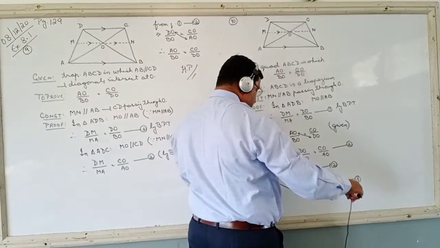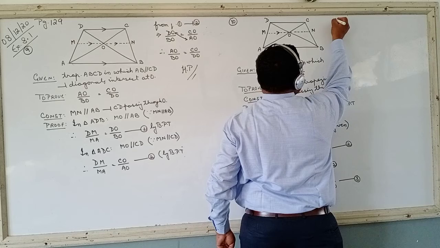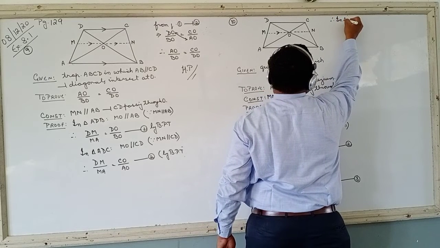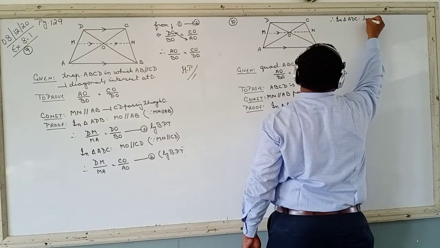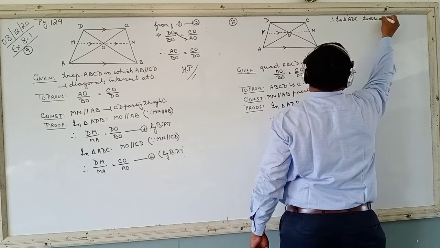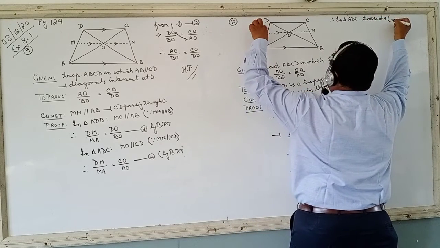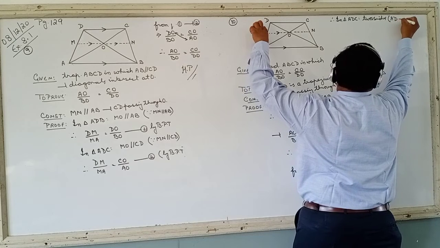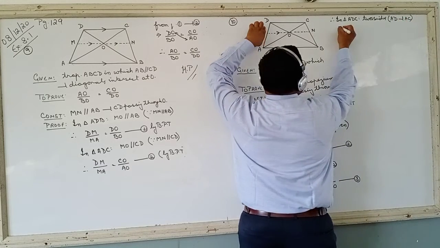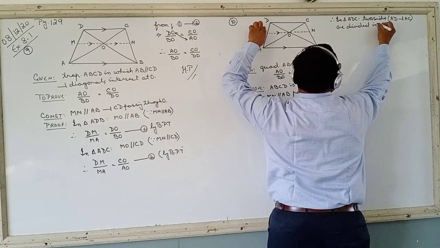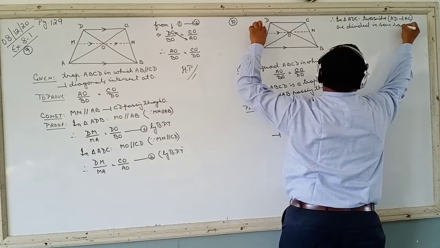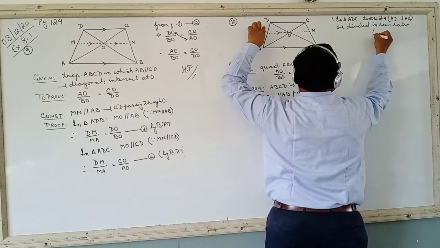So here we can say, therefore in triangle ADC, two sides, which are the two sides? AD and AC are divided in the same ratio. Where?